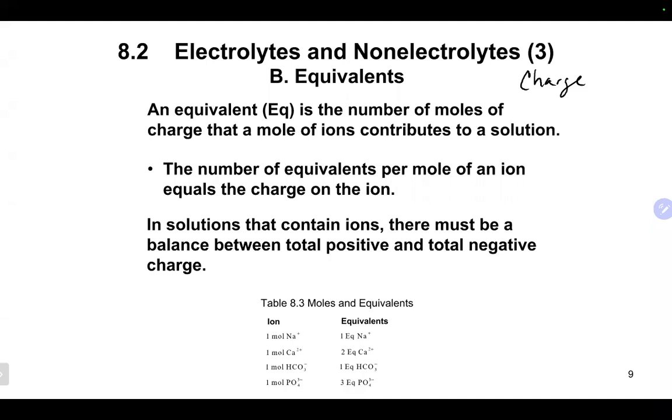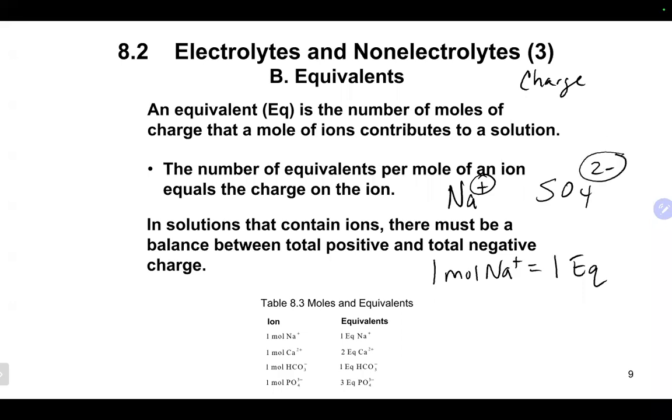So if you had a sodium ion, sodium has a +1 charge, you could come up with a conversion factor that says for every 1 mole of sodium ions, I have 1 equivalent. We could do that for any type of ion, positive or negative. So if I had sulfate, which is SO4 2-, the charge on the sulfate is -2.